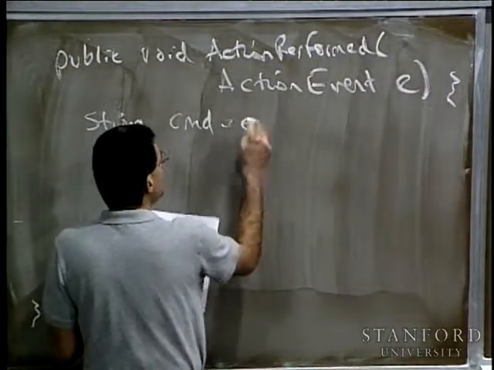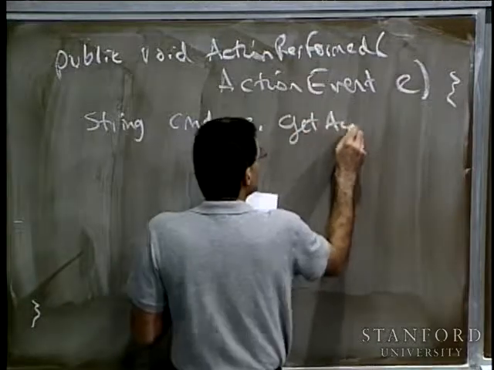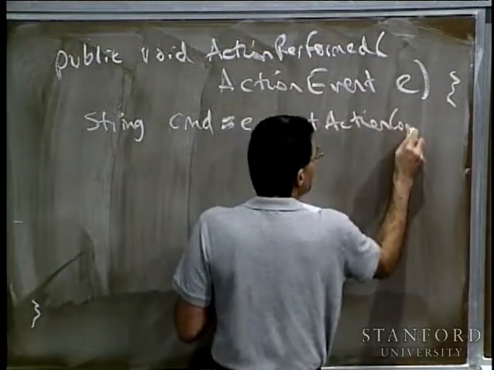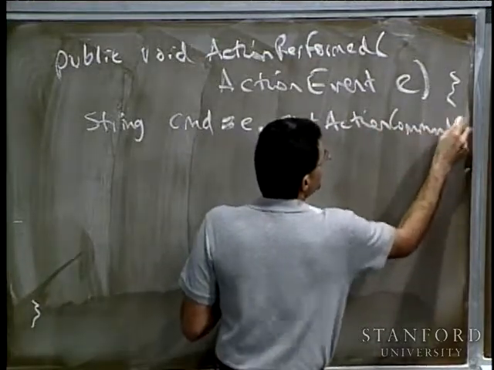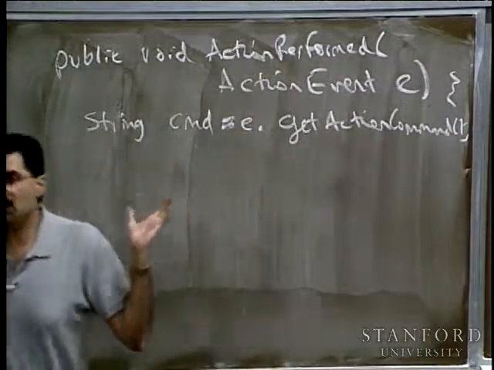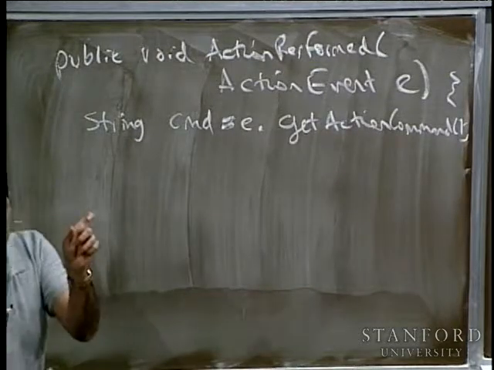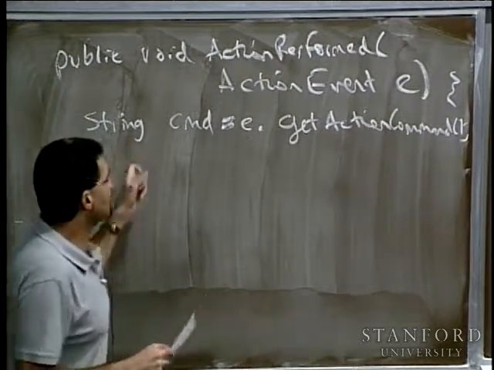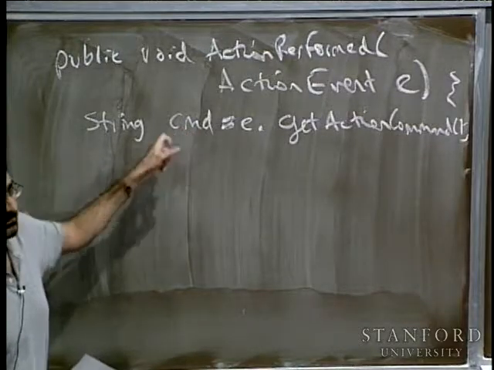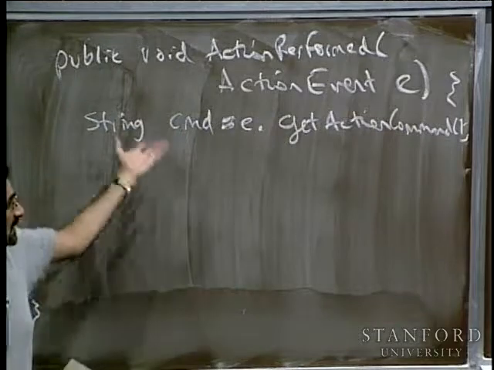So here I would say String cmd equals e.getActionCommand. What getActionCommand does, it's just a method of this action event that says, hey, I'll return to you the name of the interactor as a string, and button names are basically just whatever displays on the button. So then I can have some ifs in here based on this command. If cmd.equals, and I can check for some name, then I might want to take some action based on that button.